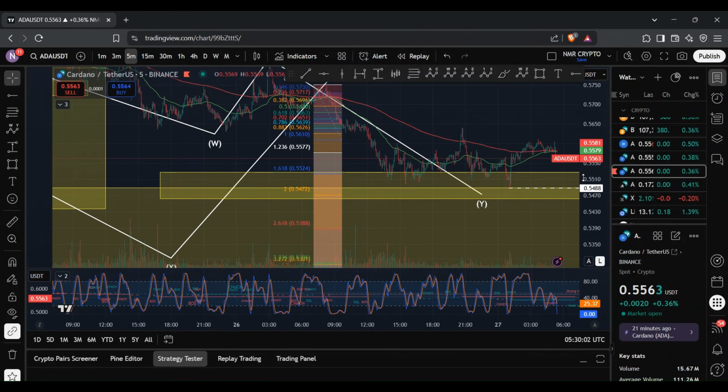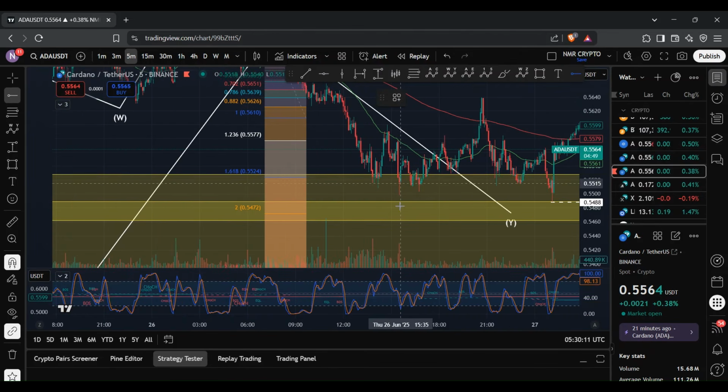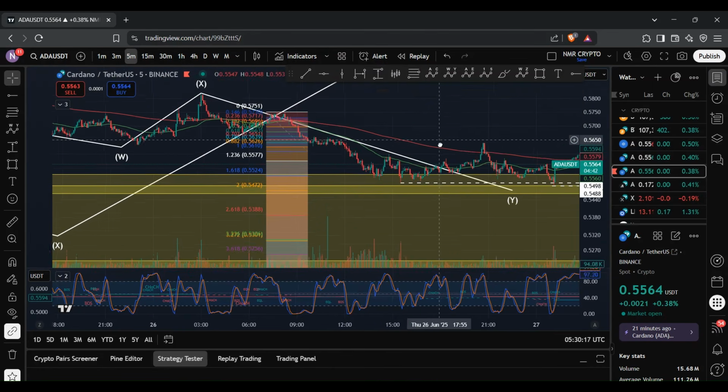And yeah, here you can see that we made a move towards the 1.618 retracement level, which sits at 55.24 cents. And we ended up reaching this level at 54.98 cents to complete the wave 3.